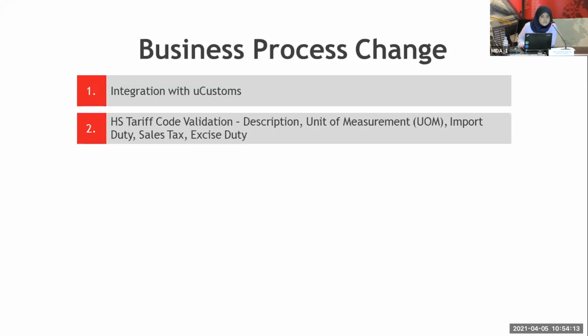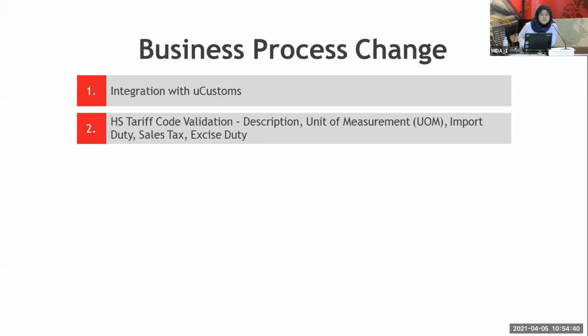The second one is HS tariff code validation. Those who have been using the raw material and component application since last year will notice that we have HS tariff code validation because we have integration with the Pintas Duti Kastam. The current version is the Pintas Duti Kastam or PDK 2017.